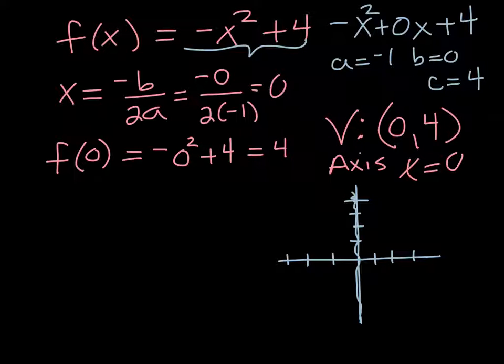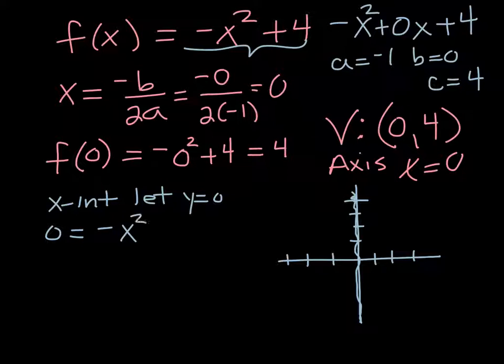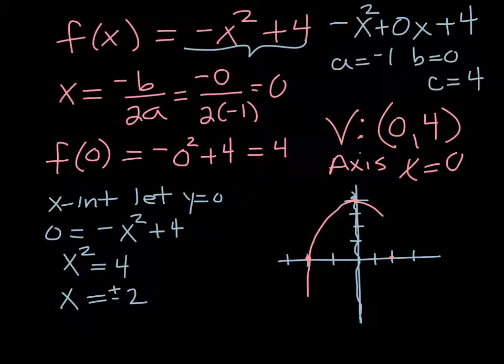To find an x-intercept, we're going to let y equal 0, or f of x equals 0. So if I set this equal to 0, and add x squared, you'll notice I get x squared equals 4, or x equals plus or minus 2. So now I know that it's going to be wide enough that it goes through these 2 points. These are my x-intercepts. That concludes this lesson on graphing quadratics.